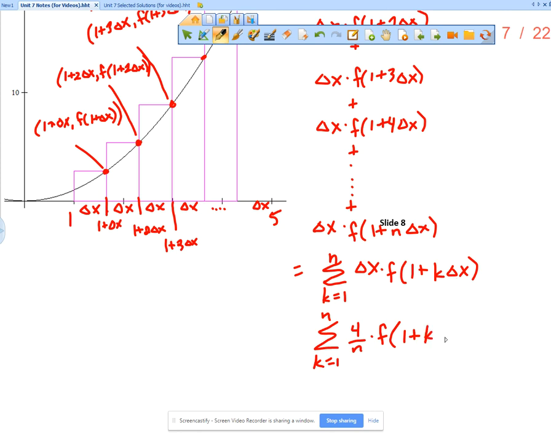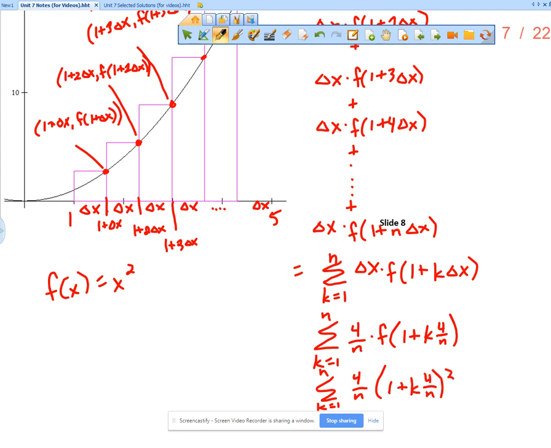Delta x is 4 over n once again. But now remember, this is f of, so now we want to make that into our function. What was f of x? Well, f of x was just x squared. So we can say now that this is the sum from k equals 1 to n of 4 over n times the quantity 1 plus k times 4 over n, quantity squared.